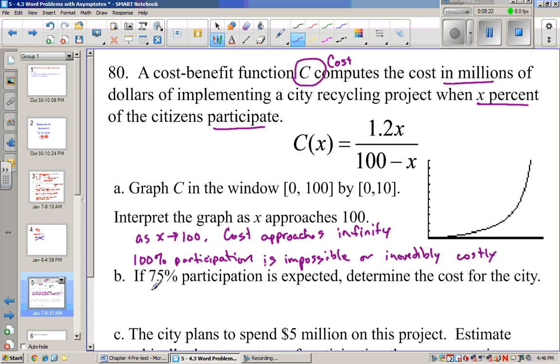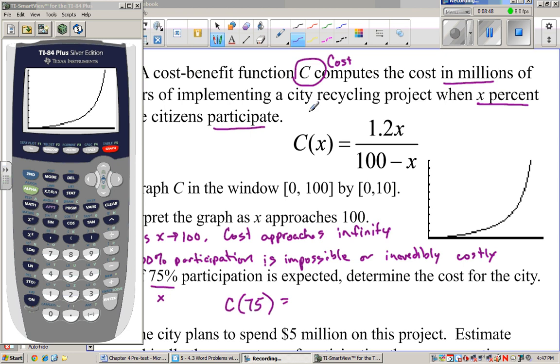All right, let's go to B. In B, it asks us if 75% participation is expected, determine the cost. So see, 75% participation, 75 goes in for x, because x is percent. That's my x. So I just need to find C of 75. And I'm going to go to my calculator and just plug in 75.